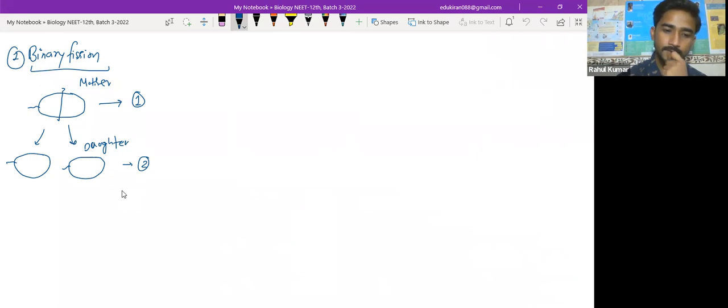Next point, each daughter cell carrying the genetic material of its own grows and develops to repeat this process again.